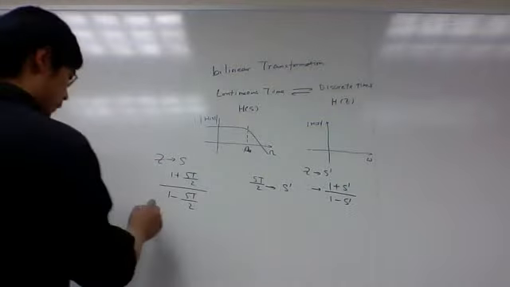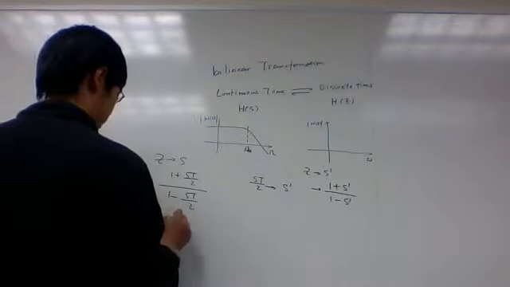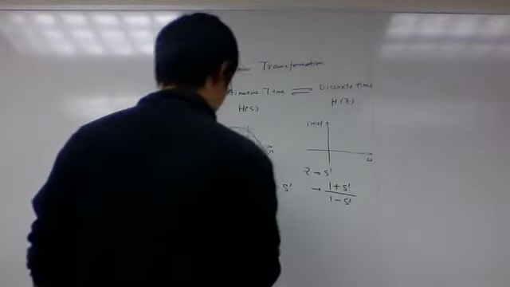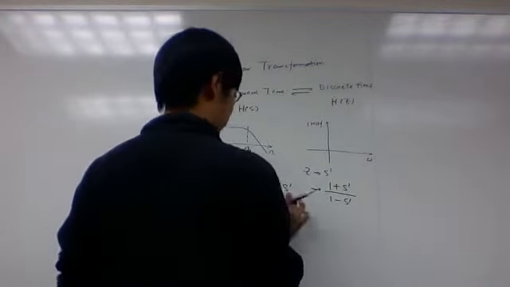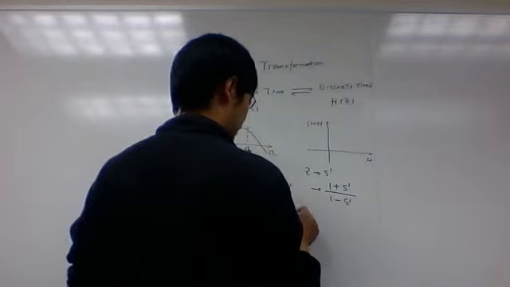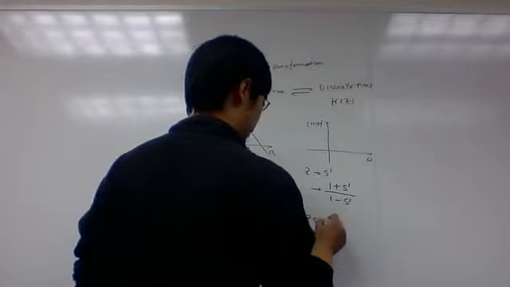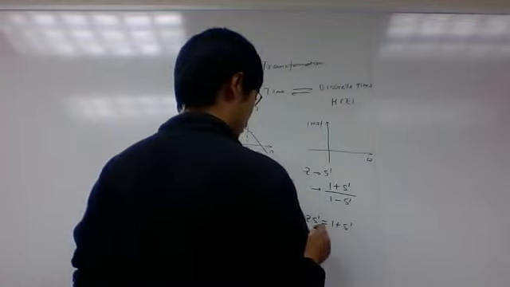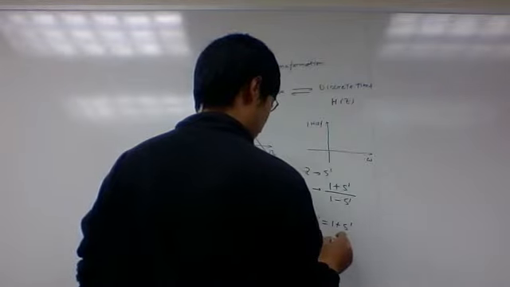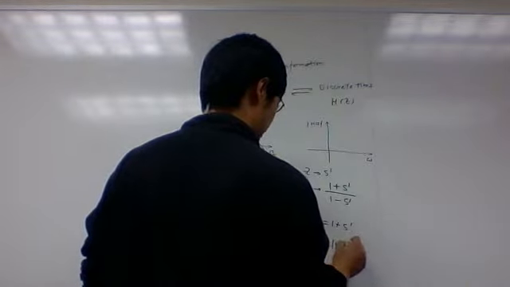Now we then need to figure out from z to s. So if we define it this way, then z times (1 minus s prime) will equal 1 plus s prime, so z minus 1 will equal (1 plus z) times s prime.